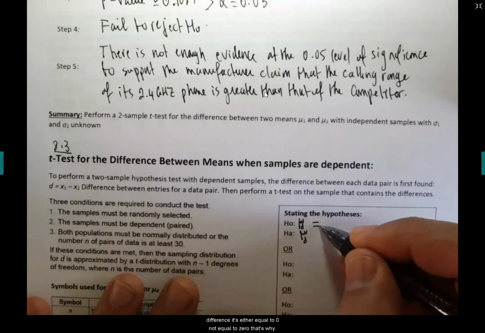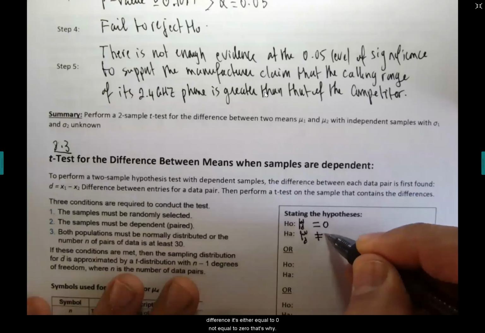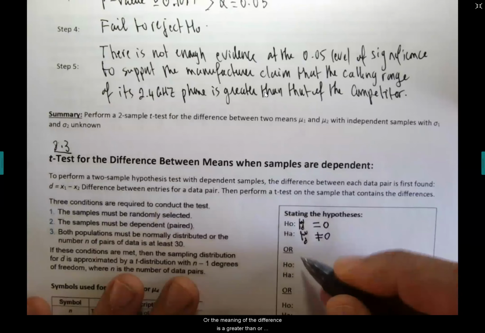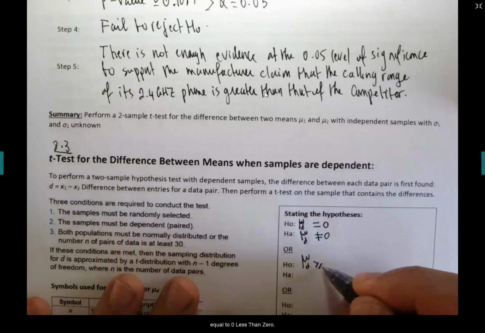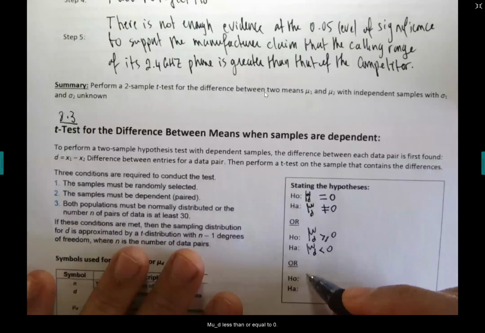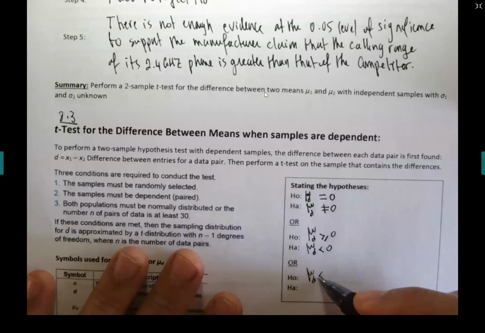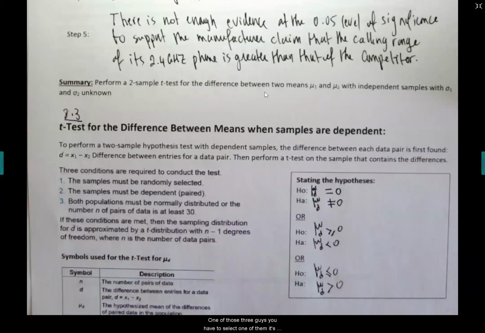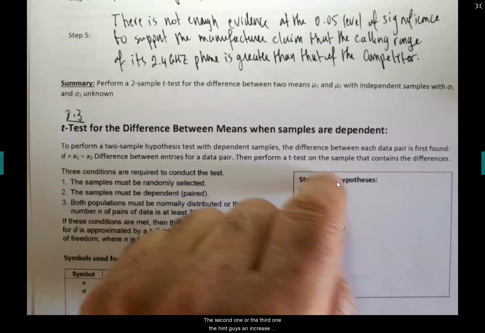It's either mu D equal to zero, not equal to zero, that's one, or the mean of the difference is greater than or equal to zero, less than zero, or mu D less than or equal to zero and greater than zero. It's one of those three, guys. You have to select one of them. It's always against zero. When you do dependent samples, you are testing the difference against zero. All you have to decide is, is it the first one, the second one, or the third one?